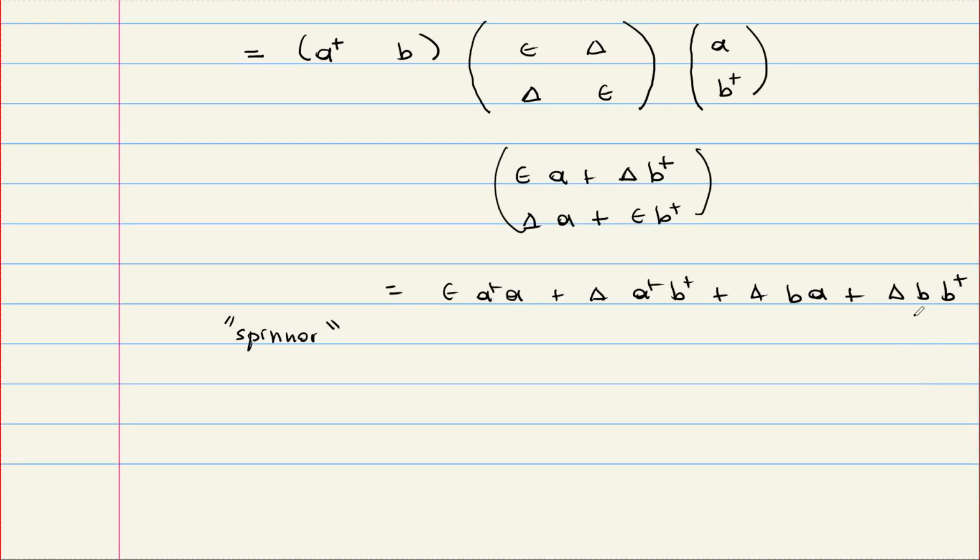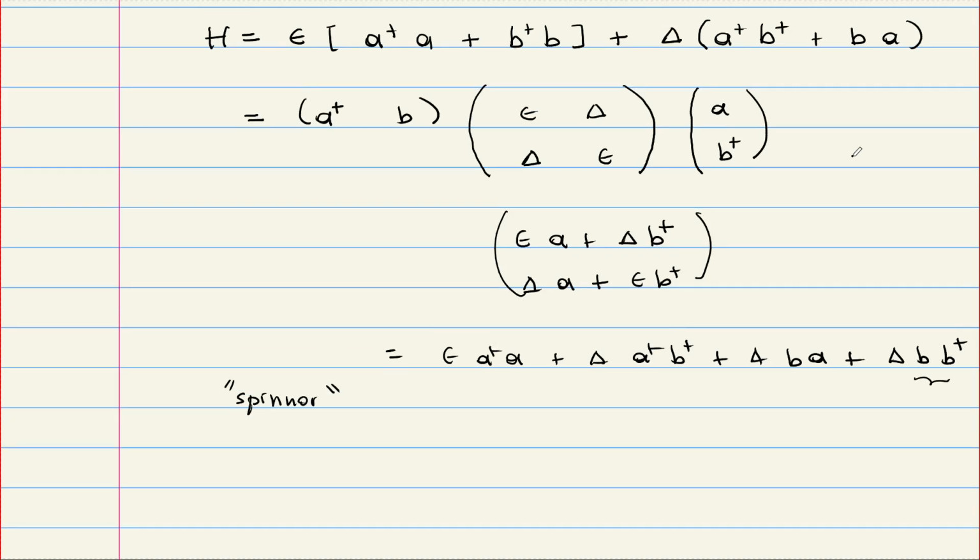Yeah, but this one, yes, absolutely. Then, so this thing, because these are canonical, right? A A dagger is equal to 1, and B B dagger is equal to 1, and everything else is 0. Then this one, here I can write this as 1, right? B B dagger minus B dagger B is equal to 1. So B B dagger is 1 plus B dagger B, and you are right.